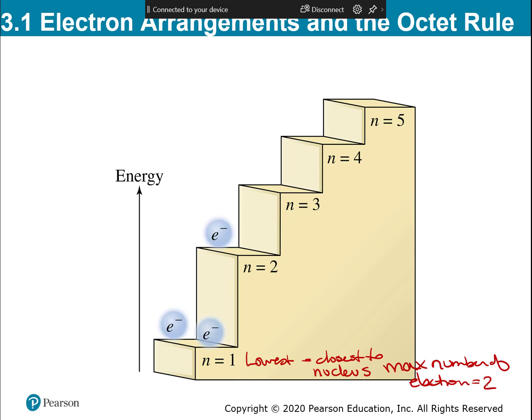Hydrogen has 1 in that energy level, helium has 2. Then any more electrons don't fit in that first energy level. They're in the next energy level out. The next energy level out can hold 8 electrons.